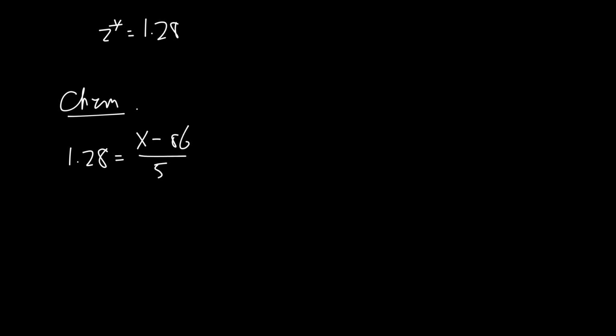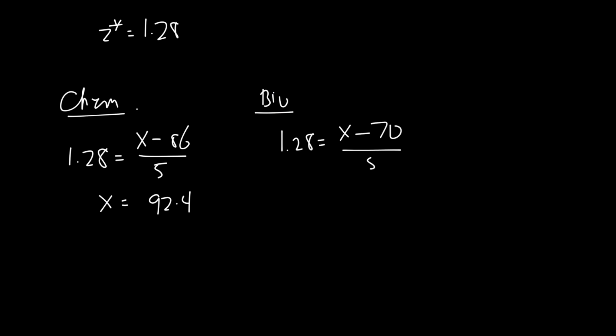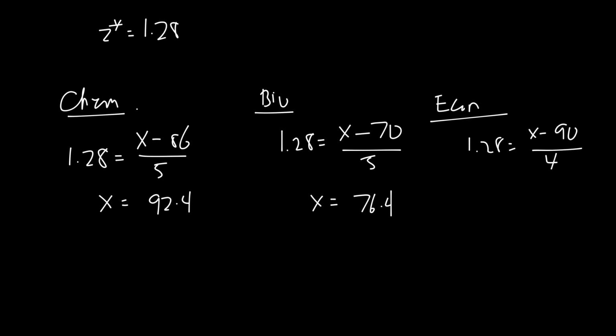I'm just going to use some basic algebra, and I'm going to find that a score of 92.4 would correspond to the 90th percentile. For biology, very similarly, I'm going to do 1.28 is equal to (x minus 70) divided by 5, and that gives me x is equal to 76.4.